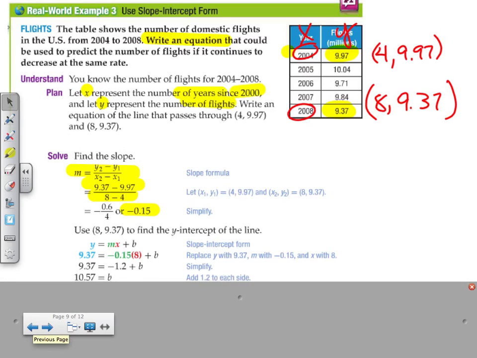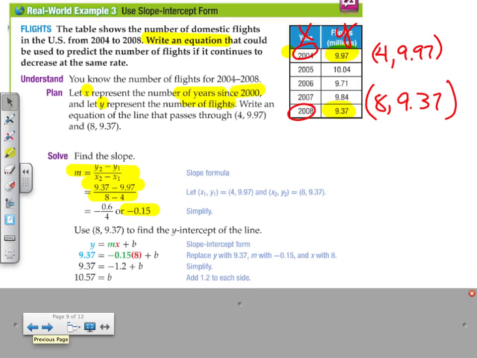Now we're going to find B. All right, step 1. Step 2 is find B. So we're going to use one of the points. In this case, we're going to use 8 and 9.37. And you're substituting in 9.37 for y, the 8 for the x, and the slope negative 0.15.